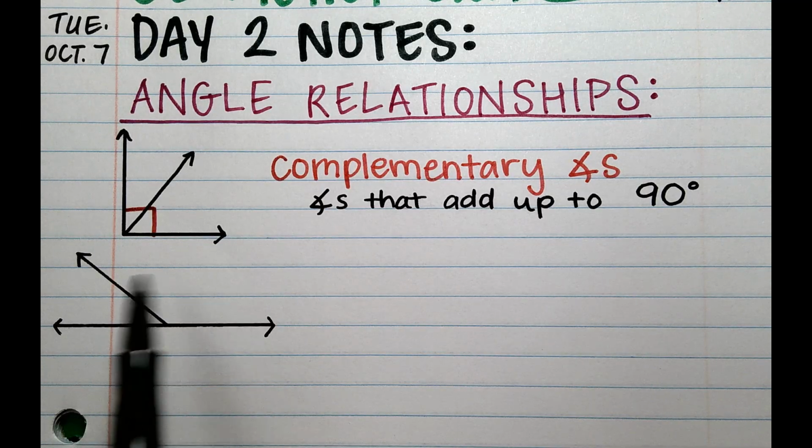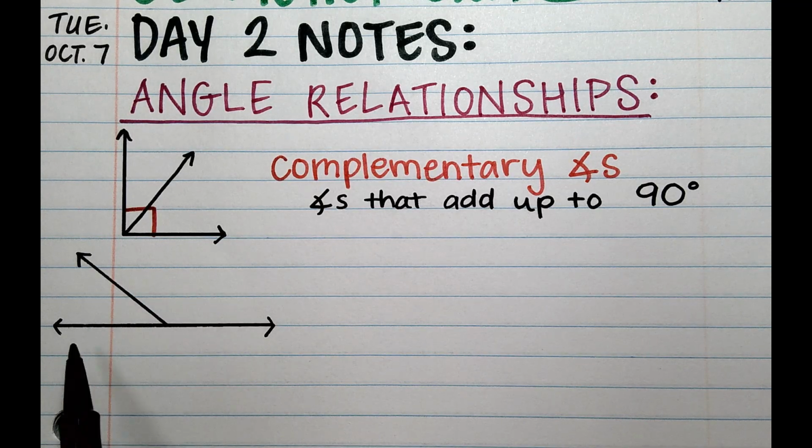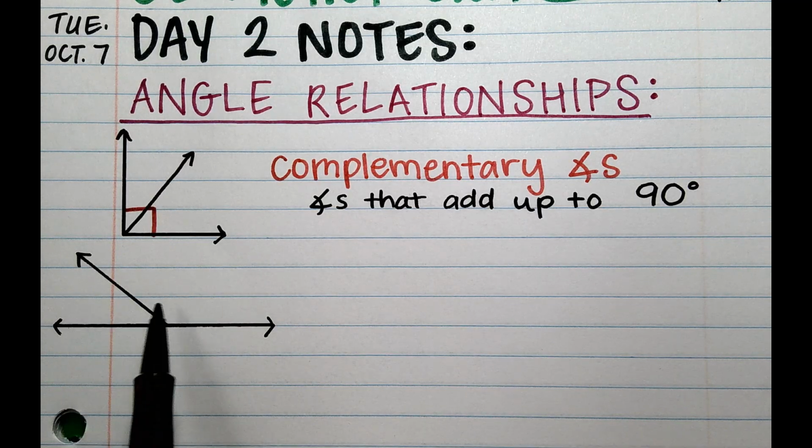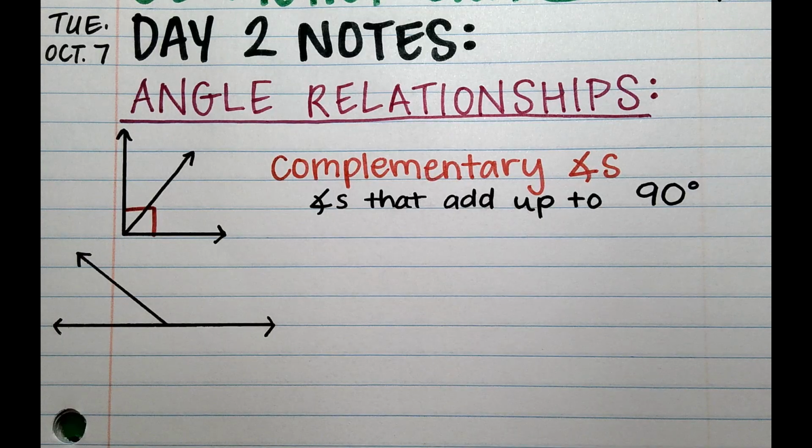And what would these 2 angles add up to? 180. So whenever I have multiple angles that when I add them together, they form a straight line, they are what is known as supplementary angles.